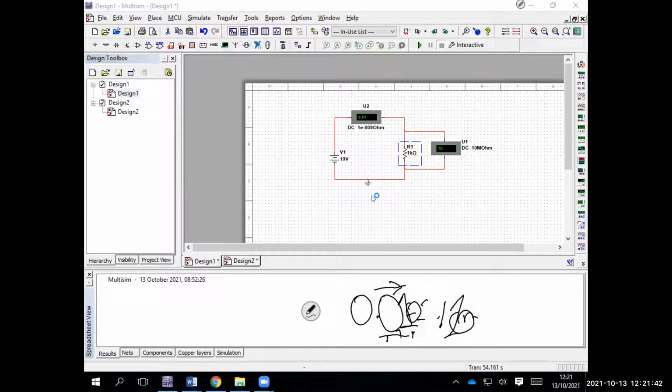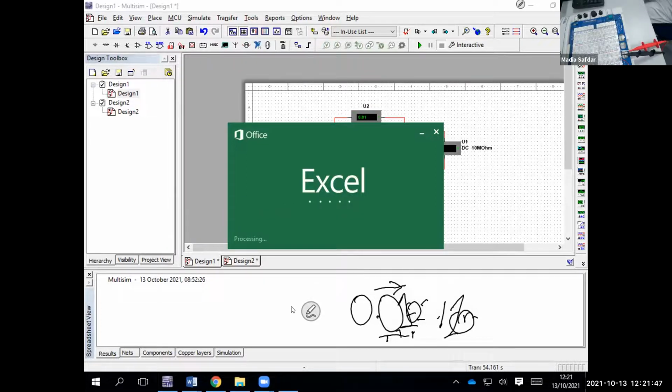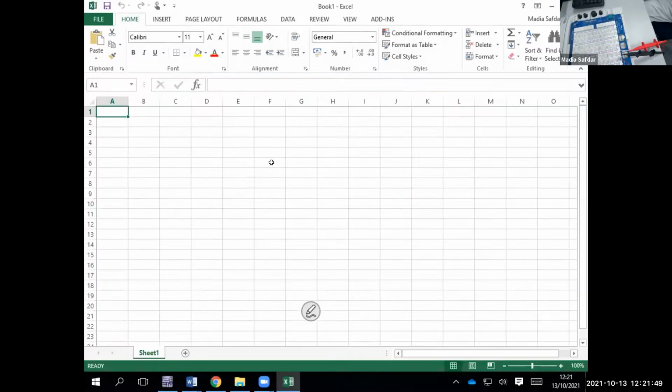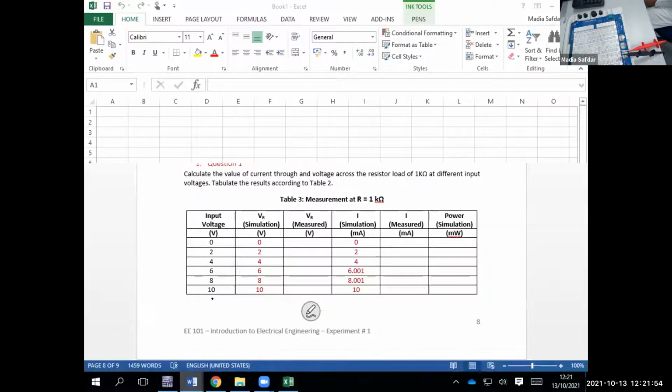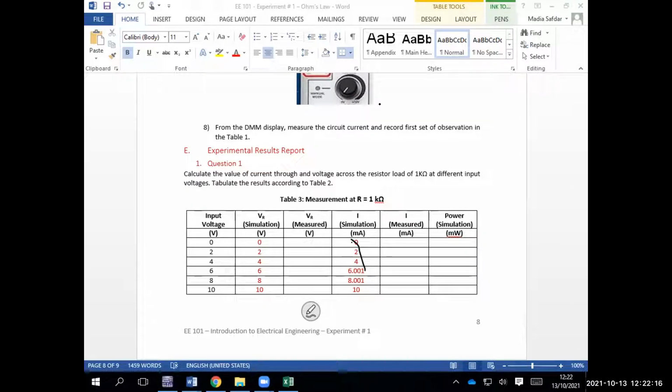Doctor, the last table is 5 kilo ohm or 5.6 kilo ohm? 5.6. So if you come here in the Excel, just copy your work from here. You want us to do a graph for the 3 tables?